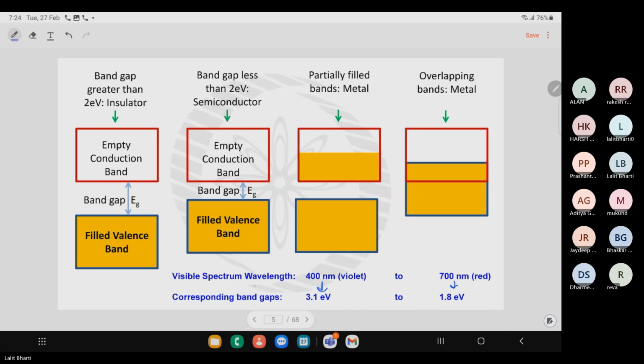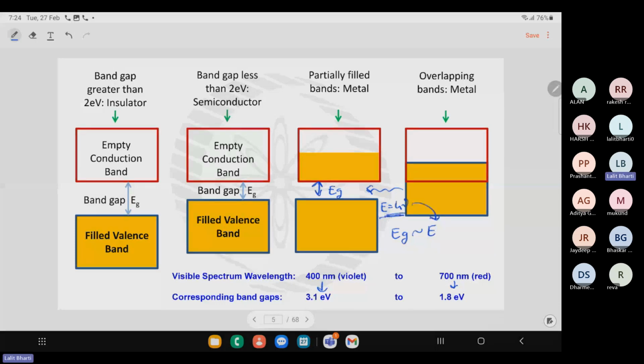Because whenever you have this band gap and you give some radiation, let's say E is equal to h nu, the material will accept or absorb the radiation only if this band gap Eg is equivalent to the energy of the incident wavelength.